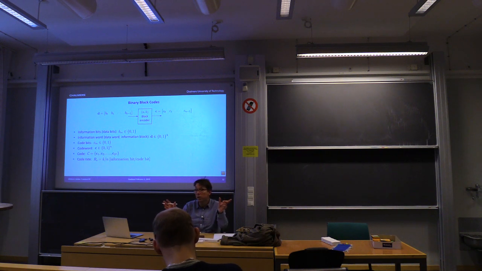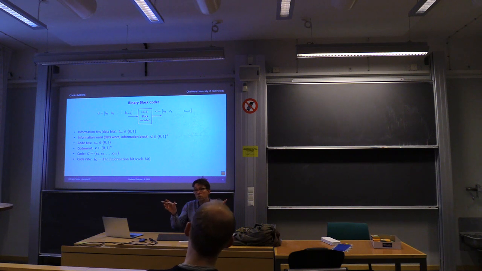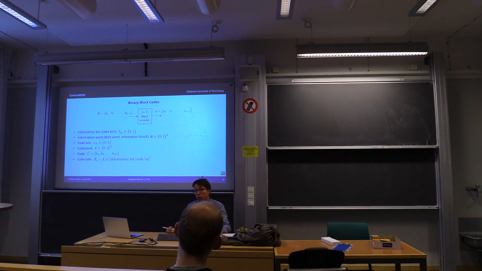Could be also in the header of the packet, but it's something which we add as protocol overhead to protect the payload. So at the receiving end, the receiver can check these bits, whether that corresponds to the payload, and if it does, then it will accept the payload. If it does not, it will ask for a retransmission of the payload.